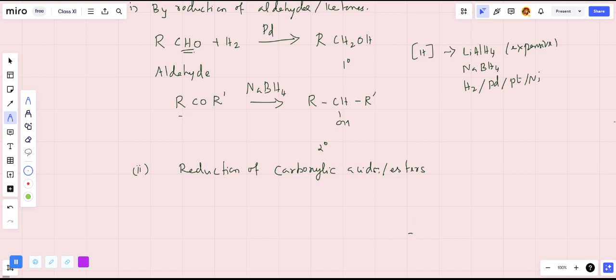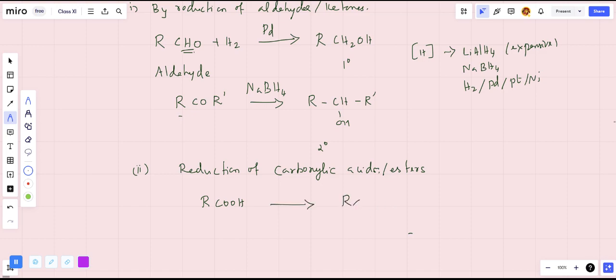Here the carboxylic acid is reduced to primary alcohol by lithium aluminum hydride. Lithium aluminum hydride is a strong reducing agent, so directly, without getting the aldehyde, we get alcohol here.